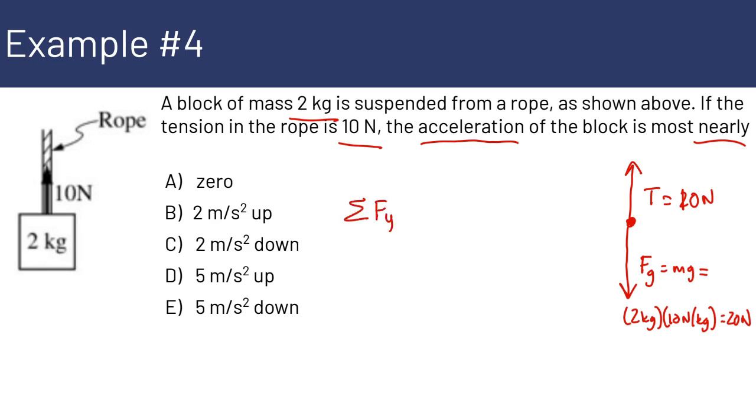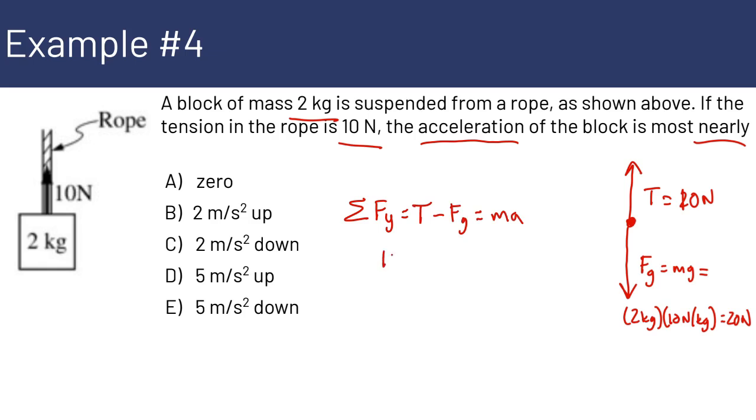So sum of forces in the y direction, we have the tension force minus the gravitational force is equal to mass times acceleration.